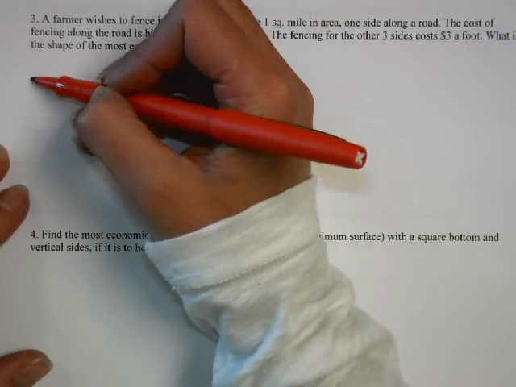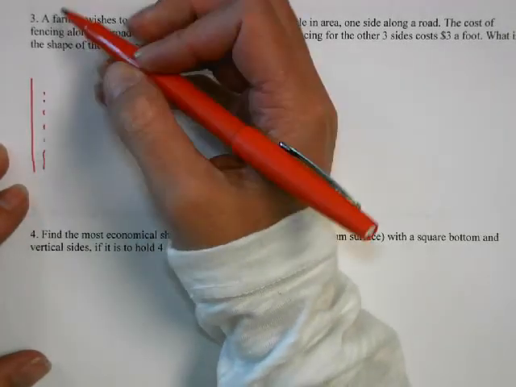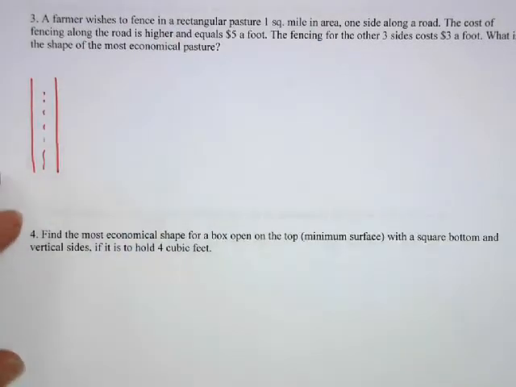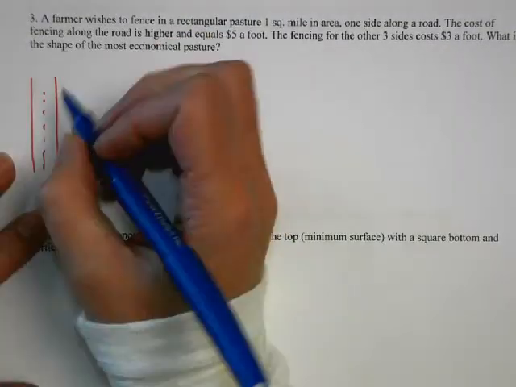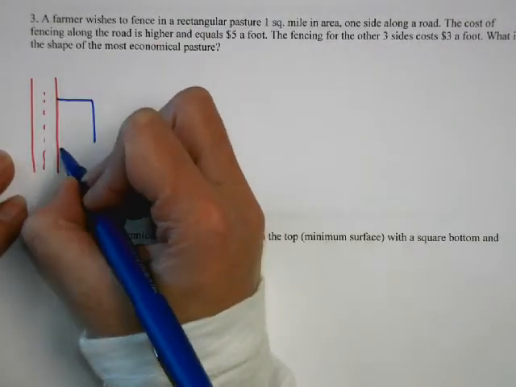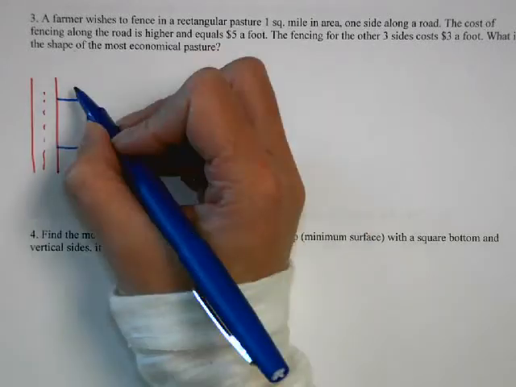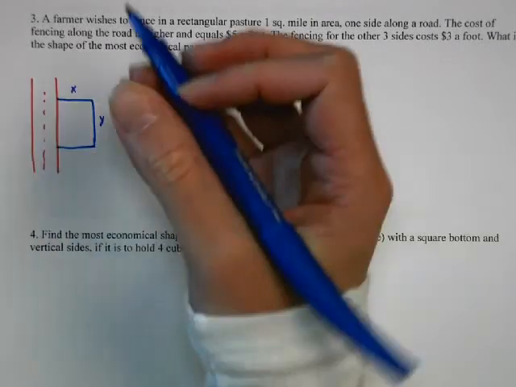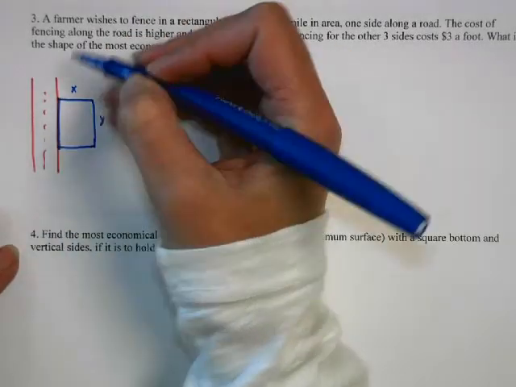So let's draw our situation. Okay, there's our road, and we're going to draw another square. I'll call this X, I'll call this Y, and we are fencing this side as well.